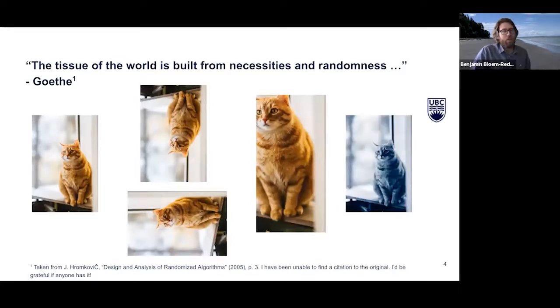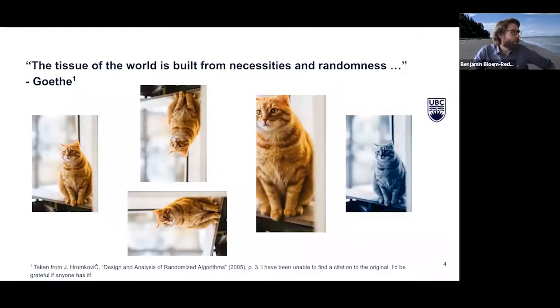If I change to black and white, there's still a cat in that image, right? So there's something invariant here, and that, you know, as humans, we process this as the concept of a cat being in the image, and ideally we'd like to incorporate the same type of invariance in our statistical and machine learning procedures.